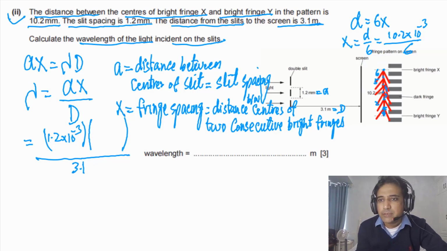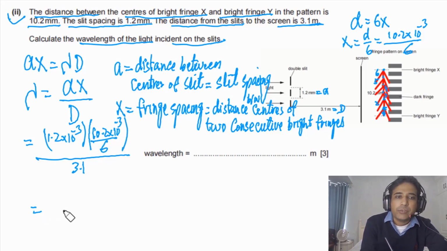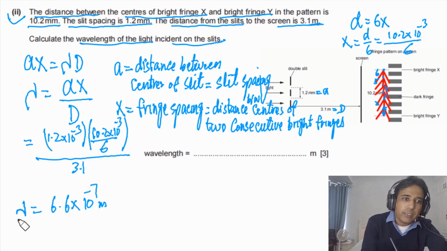So x is equal to 10.2 times 10 to the minus 3 divided by 6. Now if we solve this, we will get lambda equal to 6.6 times 10 to the minus 7 meters. So this is the value of lambda.